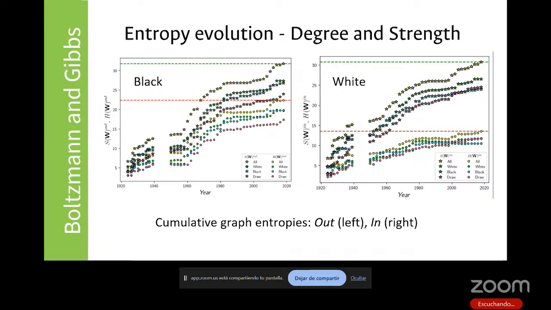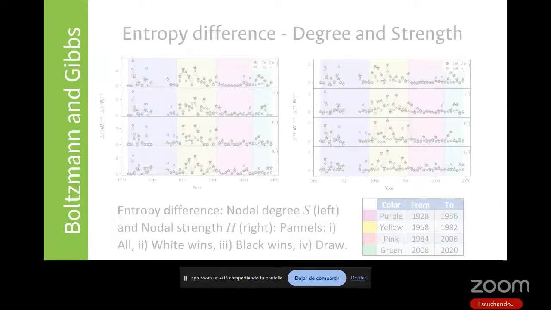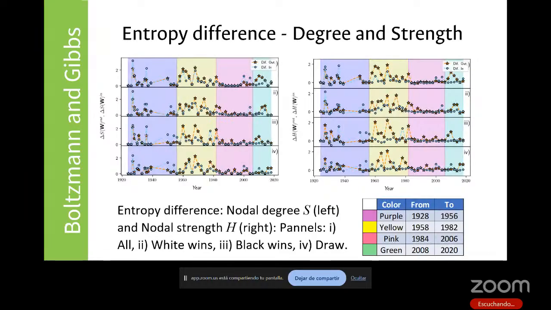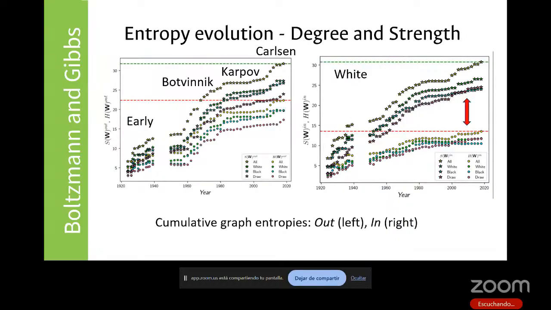This is Kasparov and Karpov time. And it is like the new time. So you can, in some way, make sections in time related to the different stages of the game as a whole. Early, Botvinnik, Karpov, Carlsen are the main representatives in this time.